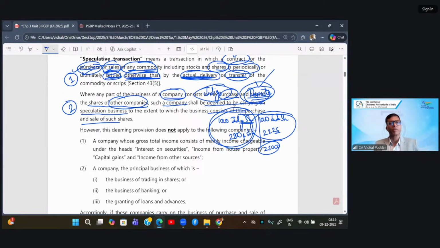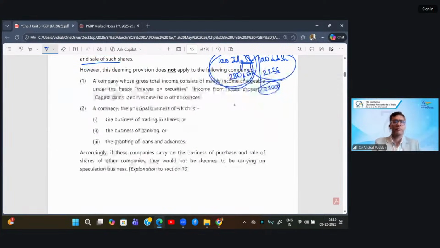So in short, a company whose business does not include investment business or banking business, if they are dealing in shares of other companies, to that extent they will be deemed to be doing speculation business. Which companies are excluded from the above second part of the definition? The ones whose business includes purchase sale of shares. Why?